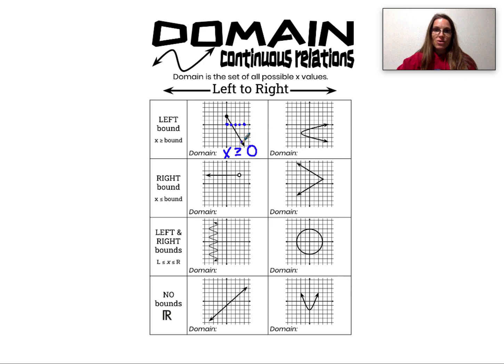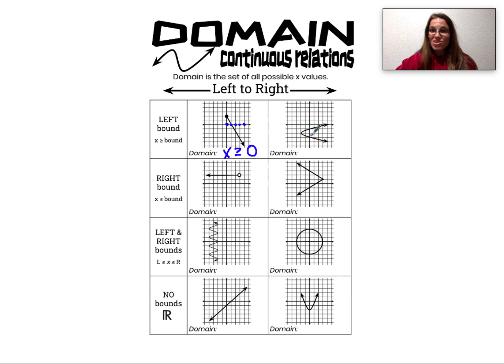Please notice this arrow is really important, and that's what tells us that x goes on and on and on forever. It can be anything bigger than 0. This arrow indicates that this ray goes down forever and to the right forever. For the domain, what's important is that the graph goes forever to the right, toward positive infinity for x.